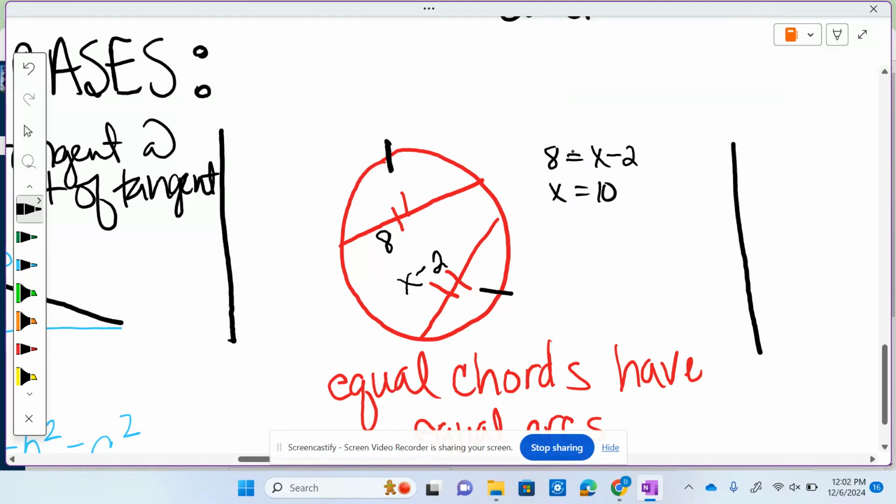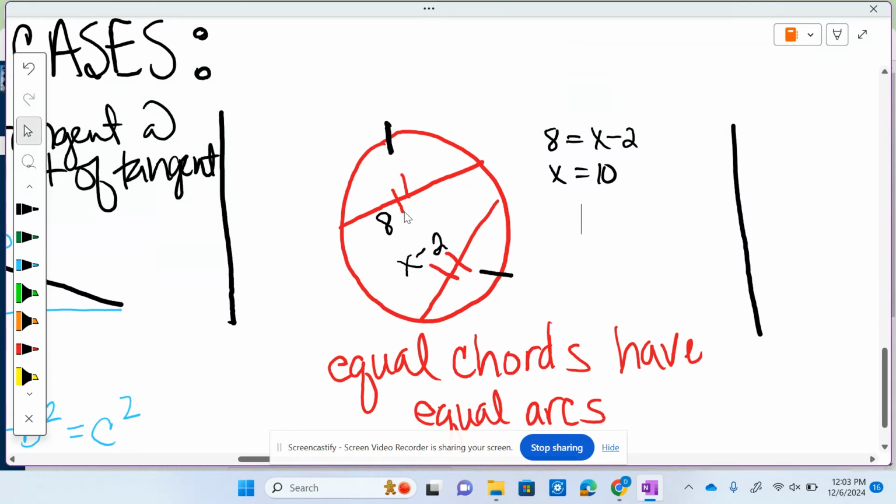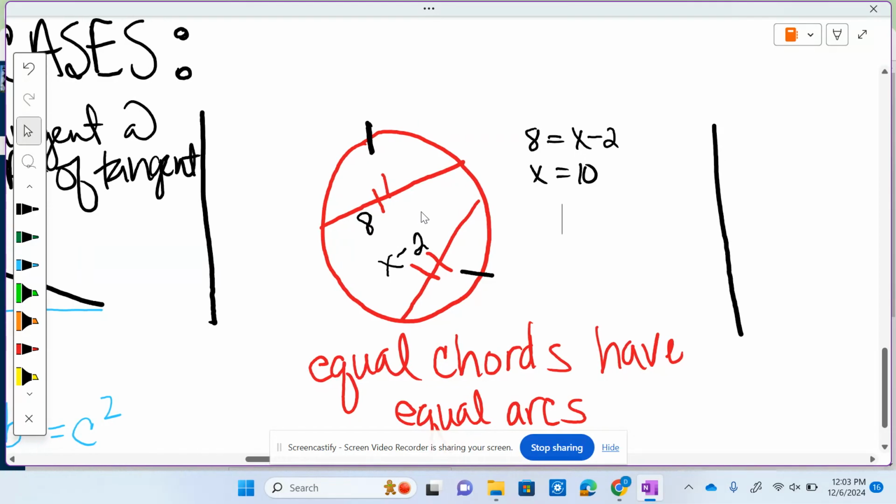Perfect. Did you guys hear Reese? He's like, well, if those are equal, then I would just say 8 equals x minus 2. That's where it's important to know, because sometimes you're going to have to figure out the measure of those chords, and you won't see that, right?